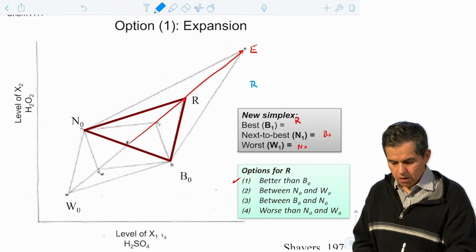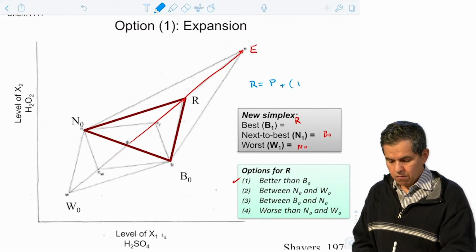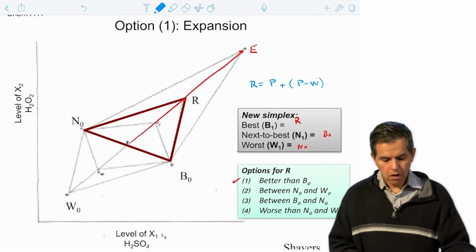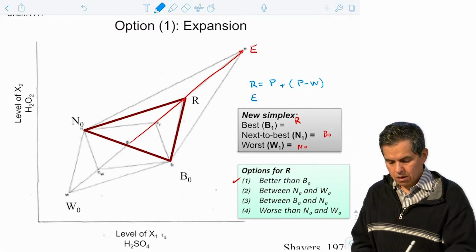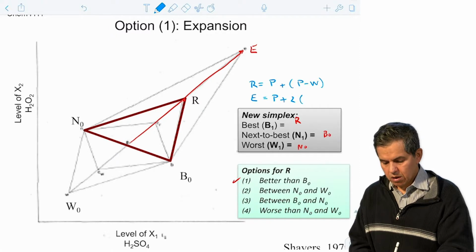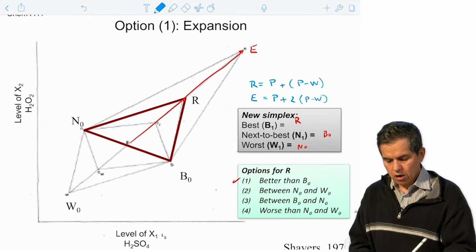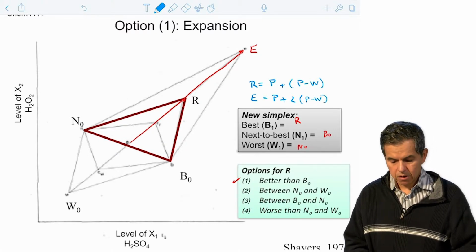For R, the calculation that we will be using is, as we described before, the centroid P plus the difference between P and the worst. We are going to define for E, the expansion, a similar expression: centroid plus 2 times P minus W. We are doubling the direction, or moving away from the worst.